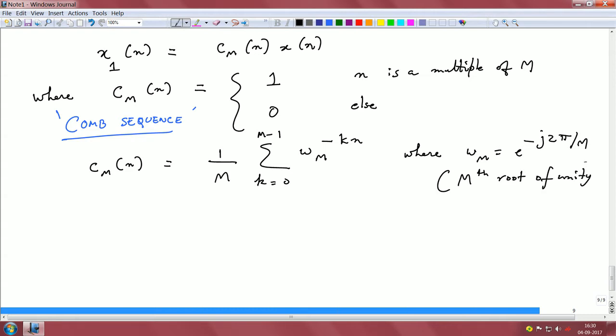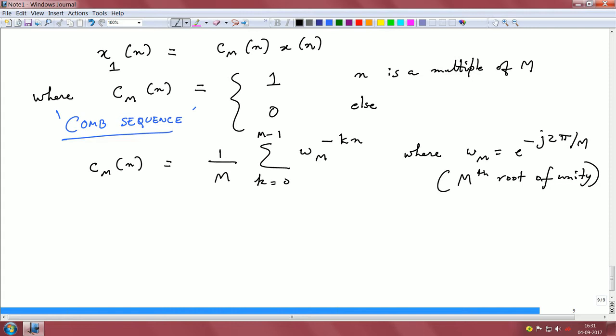It is not too difficult to see, because when n is an integer multiple of capital M, that is when n is 0, m, 2m, 3m and so forth, this term becomes 1.